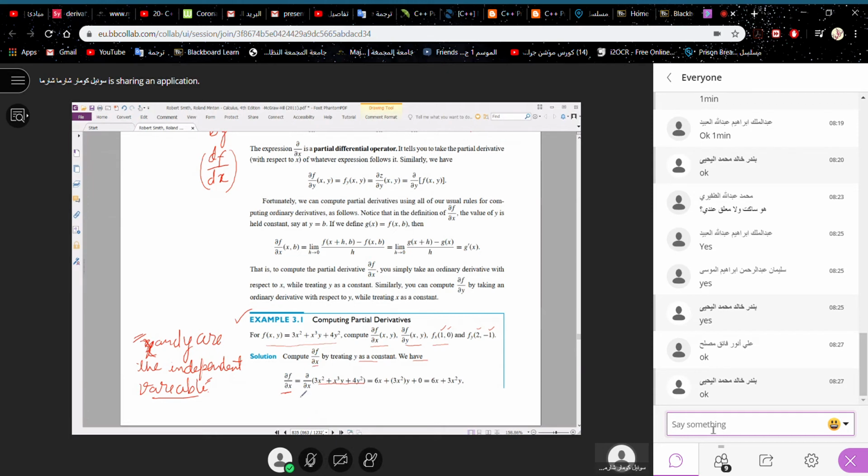Now see, we can write it as 3 del upon del x of x square, plus y del upon del x of x cube, plus del upon del x of 4y square. Is that clear? We just enter the operator.